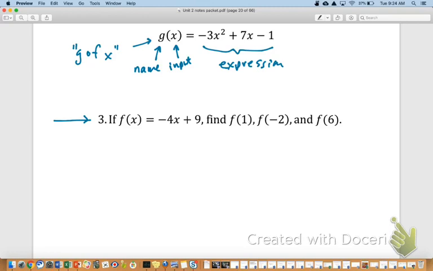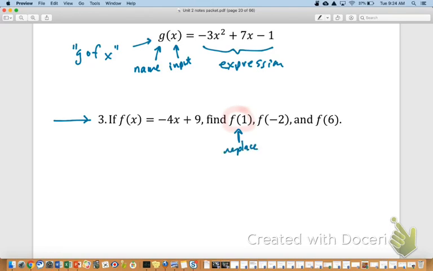Then it asks us to find 3 different things, and these are kind of 3 different questions. And like I said, I want to do the first one with you. So did you notice over here with f of 1, what has the 1 replaced? It's in place of x. And so what this means right here is replace x with a 1.